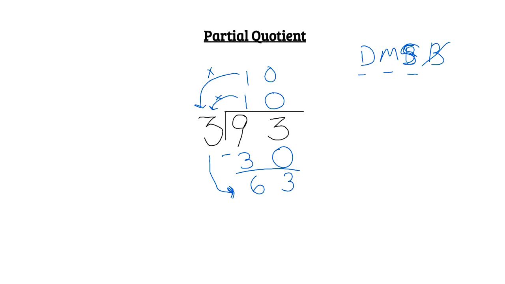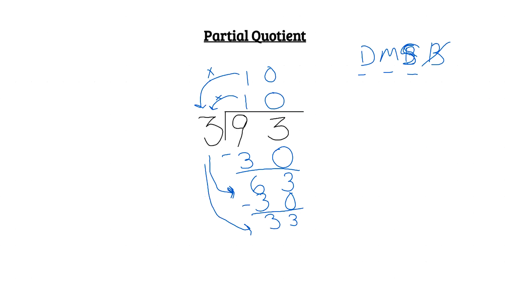So 10 times 3 is 30 again. And then I'm going to subtract. 3 minus 0 is 3, and 6 minus 3 is 3. I then ask myself, 3 times what is 33? Now, the 11 times table is one of the easiest to understand.